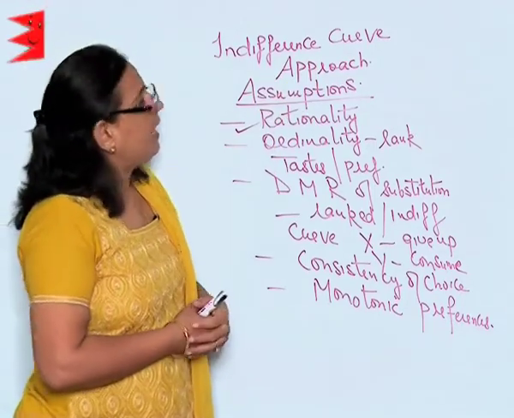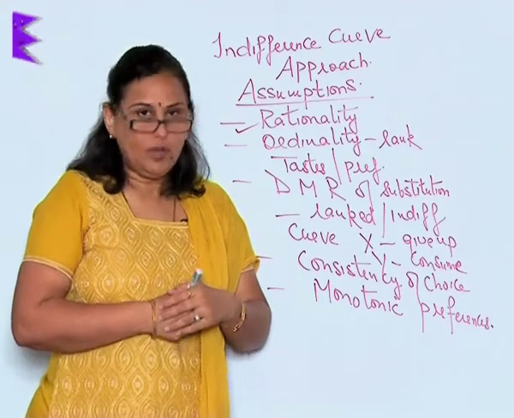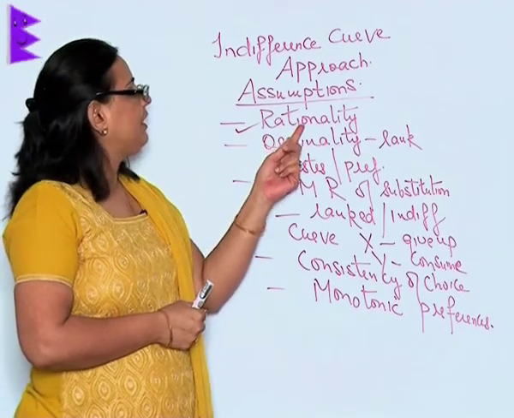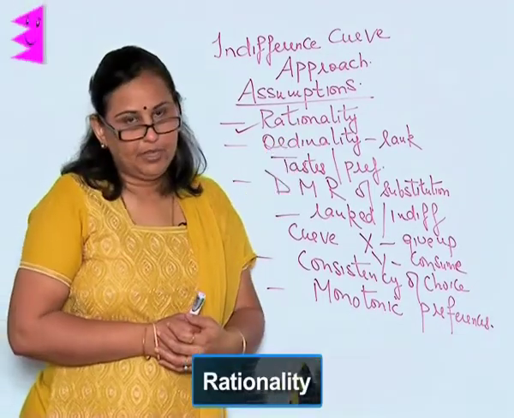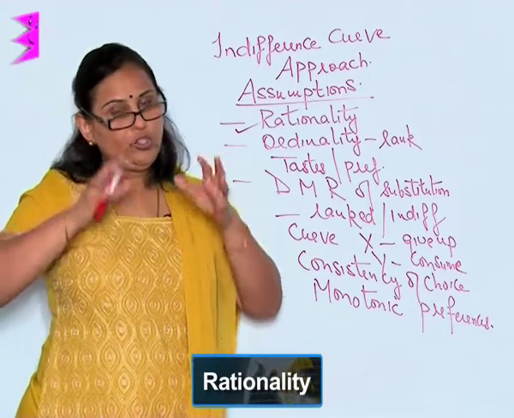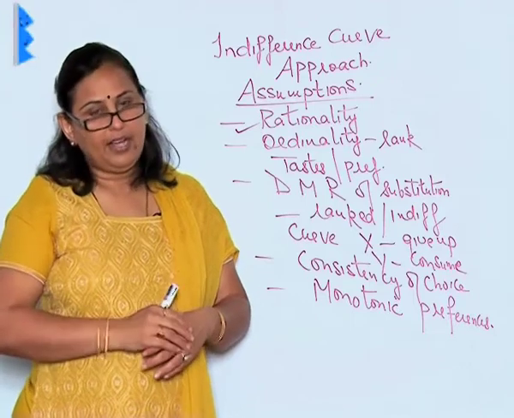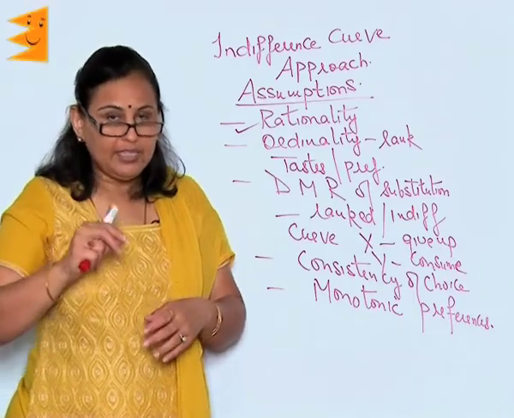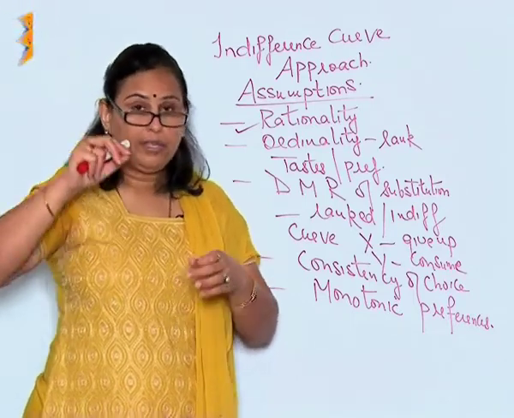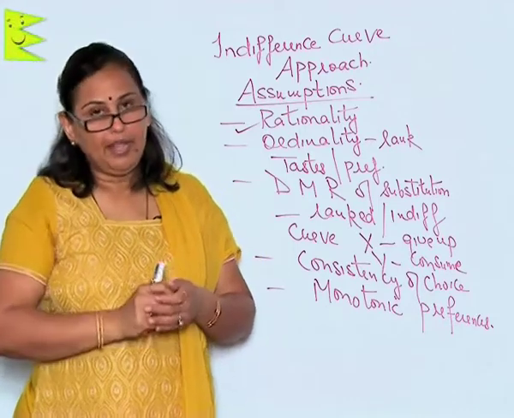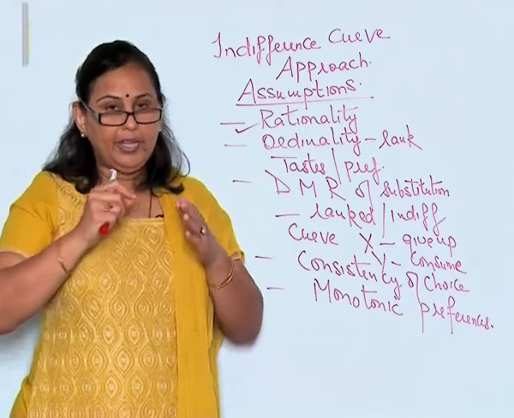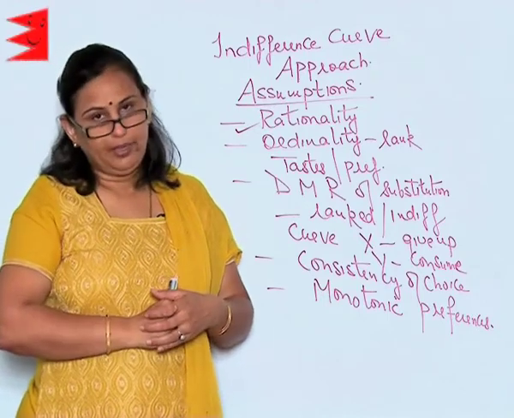Now in this, the assumptions that we must know, first of all, is rationality. That is, a consumer should be intelligent enough to understand, to reason out, what he should buy of his income to derive maximum utility.